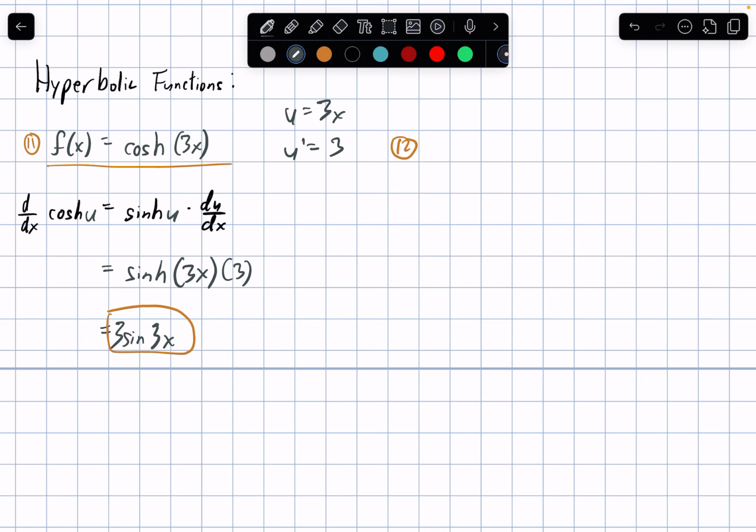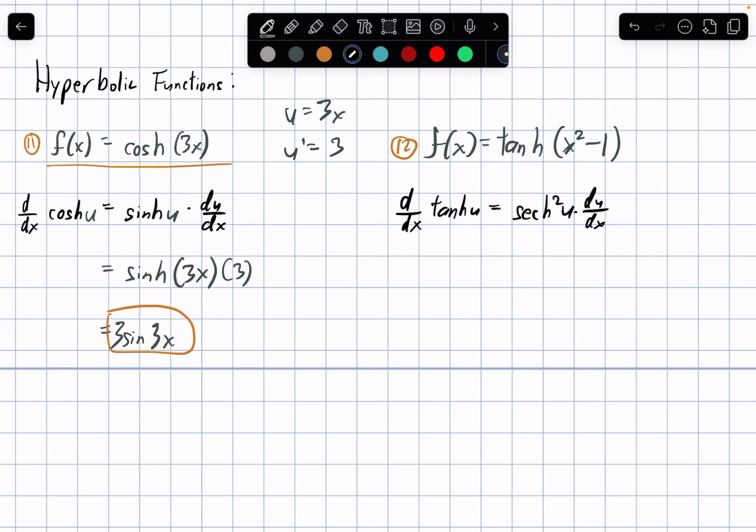Number 12, f of x is equal to tan h of x raised to 2 minus 1. So this entire chunk is our u. What is the derivative of tan hu? That is equal to secant hu squared times du over dx.